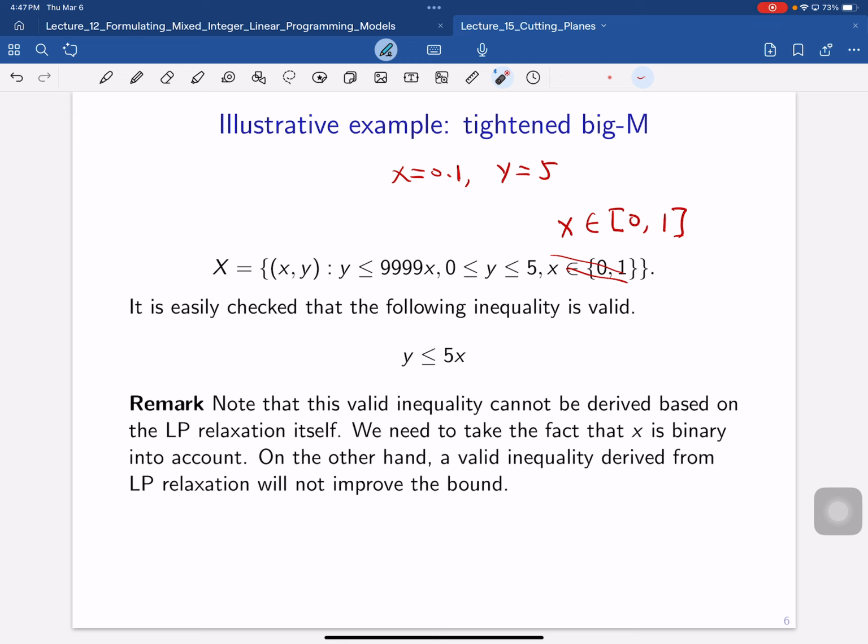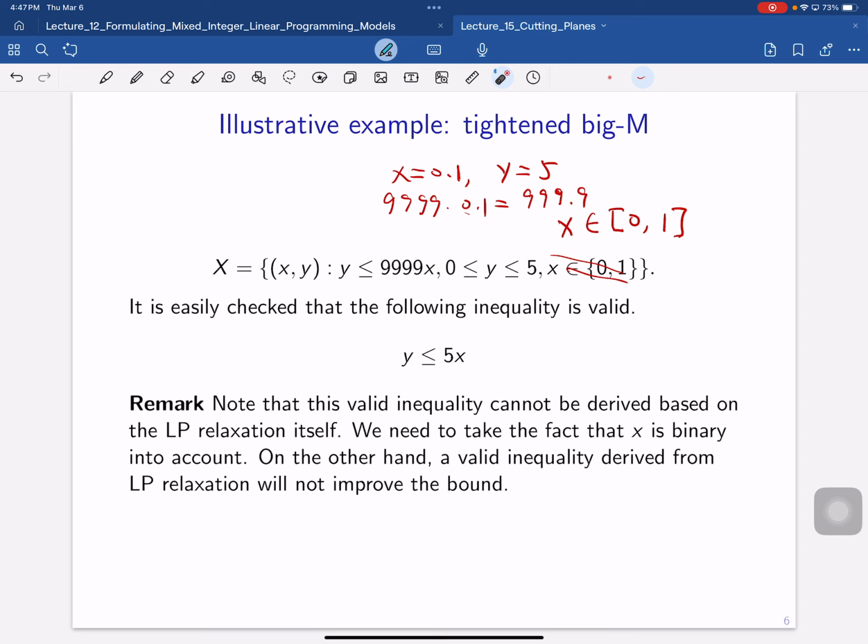Because 9999 times 0.1 is 999.9, right? And clearly, since y equals 5, the first inequality is satisfied by (0.1, 5), right? And then the second inequality is also satisfied, x is also satisfied.